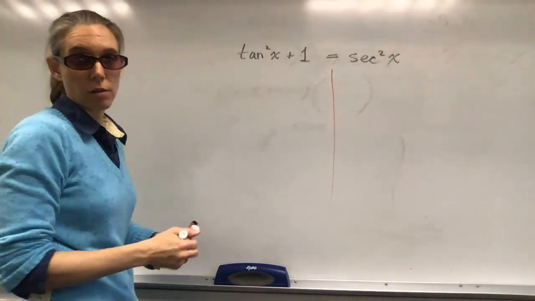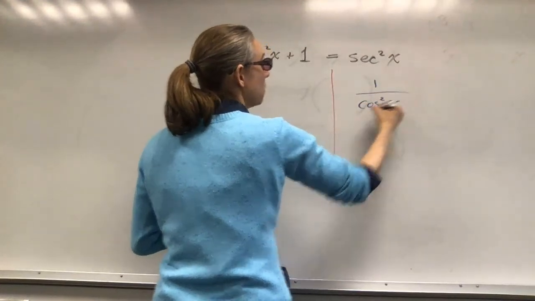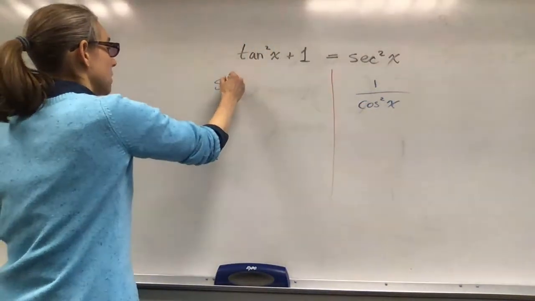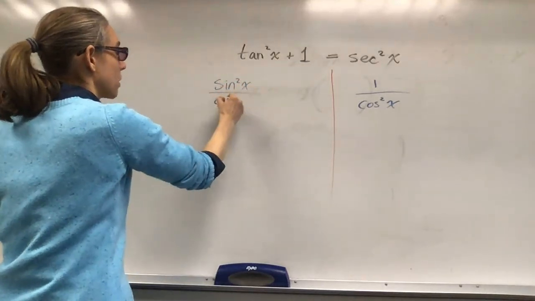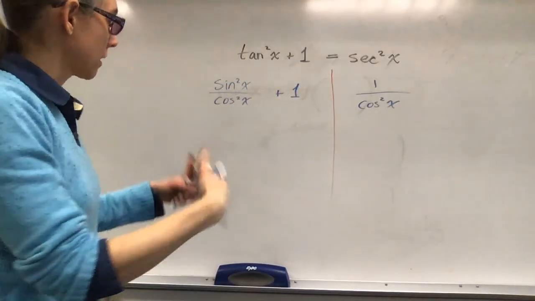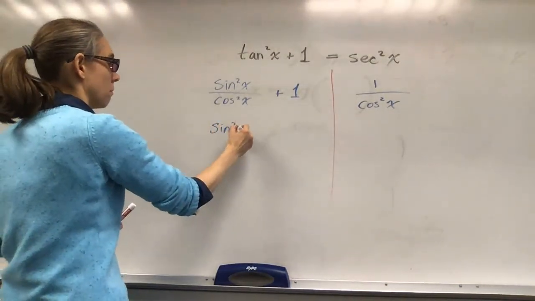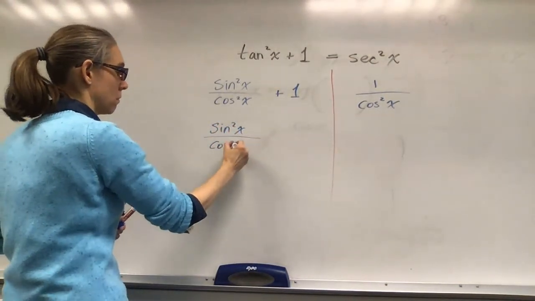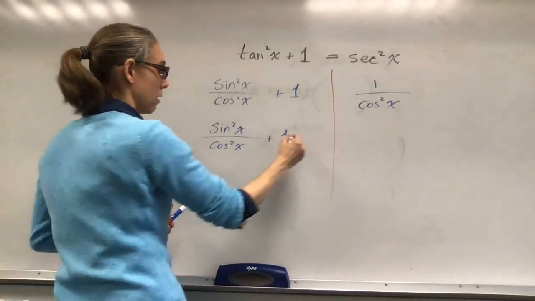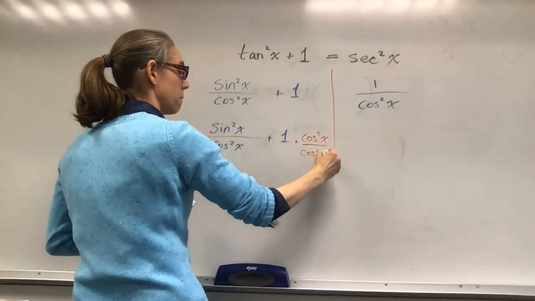Secant squared, you're going to rewrite this as 1 over cosine squared. Tangent squared, you're going to rewrite as sine squared over cosine squared. Okay, so then in the next line, I'm going to show getting a common denominator. I'm going to multiply 1 now by cosine squared over cosine squared.